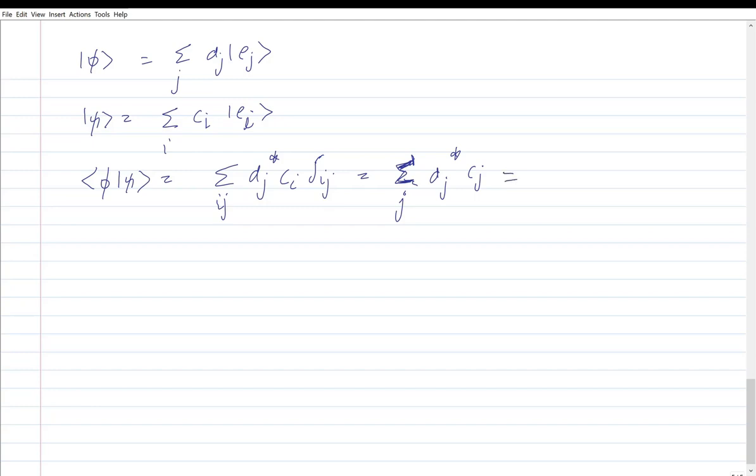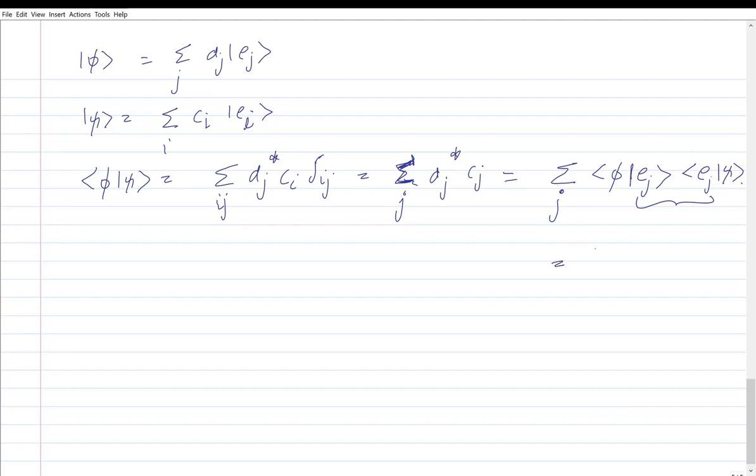Well, that is nothing but the sum over j. What is dj star? Dj star from there, as we have already seen, is going to be this quantity, and cj star is going to be this particular quantity. And if you look at it, this is just the identity element. This is the sum over the structure, which was the identity.